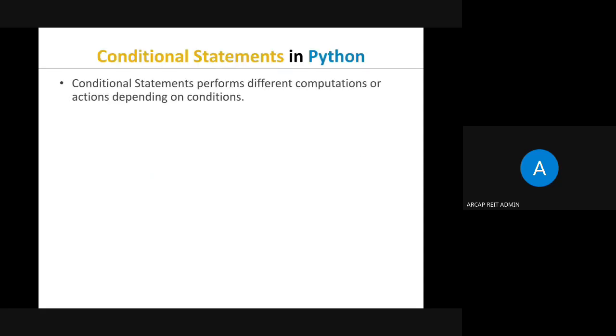Then conditional statements in Python. These conditional statements perform different computations or actions depending on the condition. Say we are working on a robot. If some object comes in the path which is given to us, then what should it do?